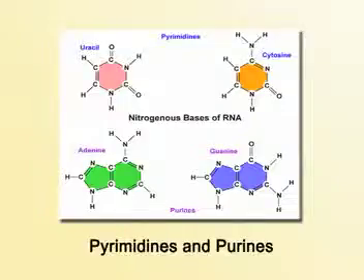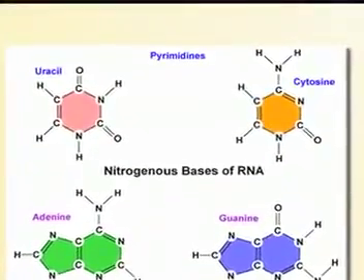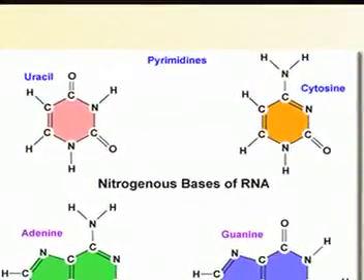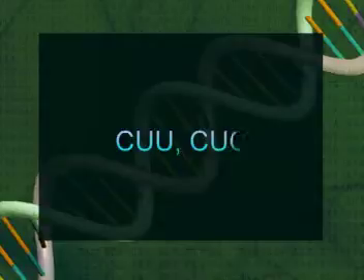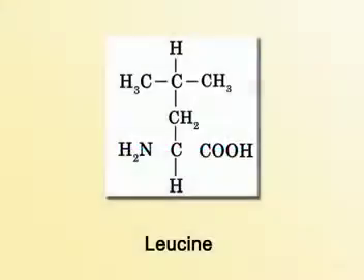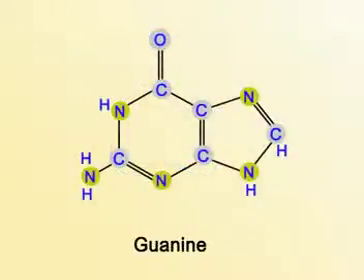The third base may be one of the two pyrimidines, uracil or cytosine, and the codon will still specify the same amino acid. For example, CUU, CUC code for leucine.